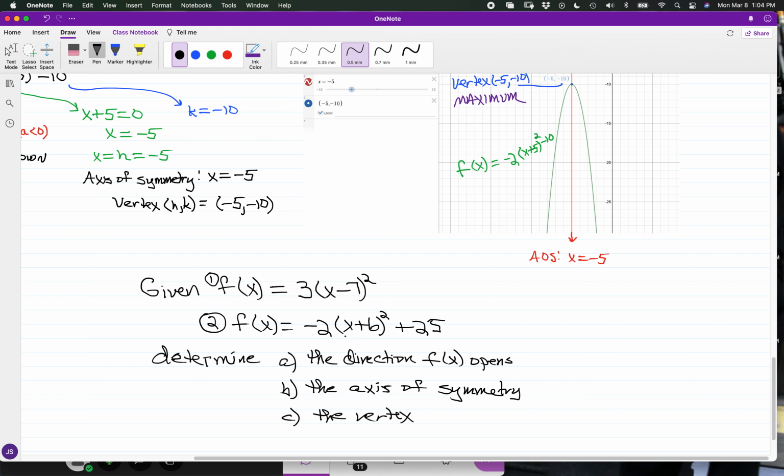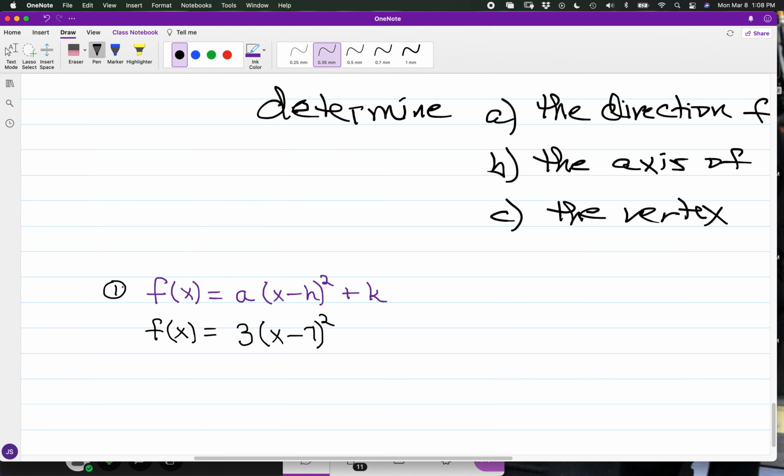So for both of these functions, let's see what we get for the direction that the function is going to open, the axis of symmetry, as well as the vertex.